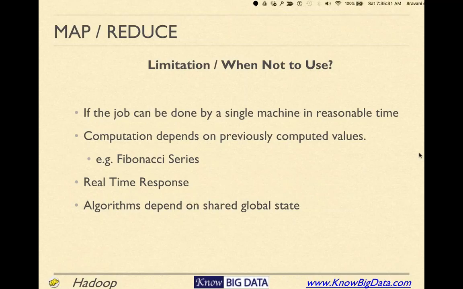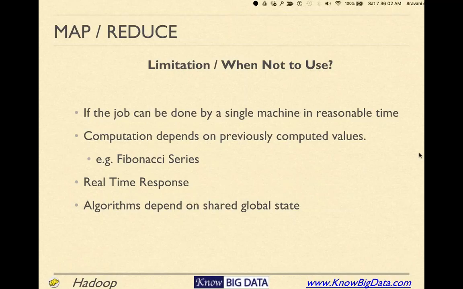It has been designed in a way that slower is okay, but it should give results. It should be able to handle huge data. It should give results, and it is okay to be slower. That has been the psychology while designing MapReduce. Therefore, if you need a real-time response, don't put that task into MapReduce.